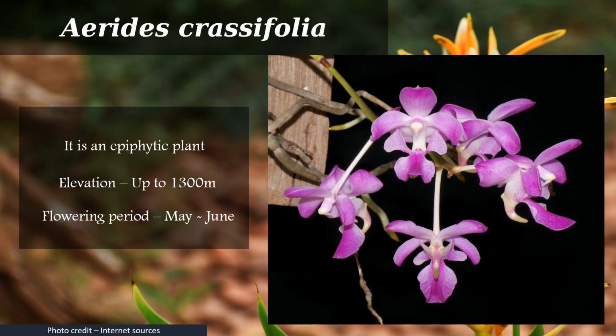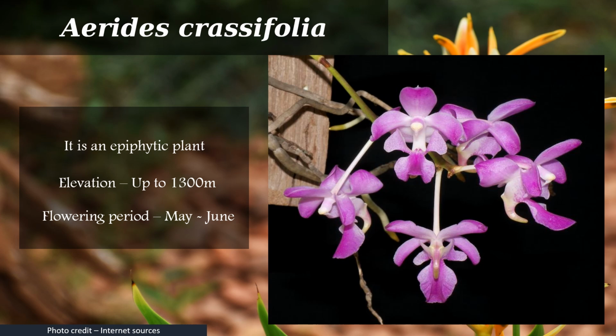Because of its beauty, it is very vulnerable to being targeted by orchid thieves who steal them. These are all the details for Aerides crassifolia. The elevation is from 1000 to 1300 meters, and the flowering period is mostly May to June.